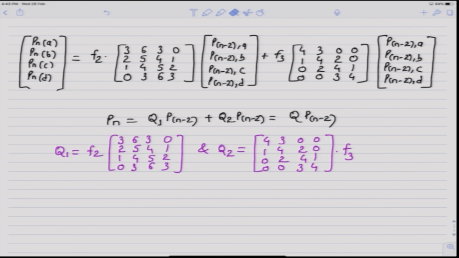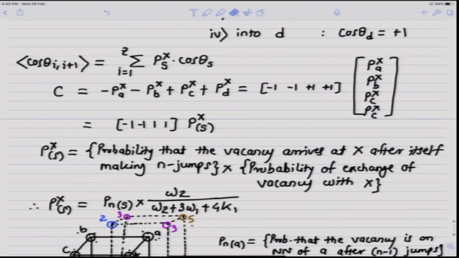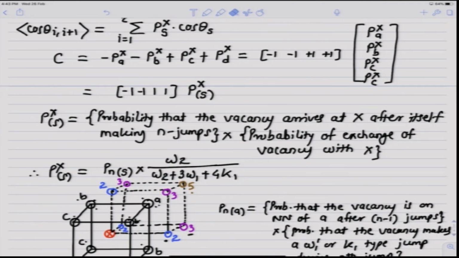So, if we go back to the equation for C, we had C is equal to this matrix times Px of S, and we got Px of S is equal to Pns times omega 2 over omega 2 plus 3 omega 1 plus 4 k1.